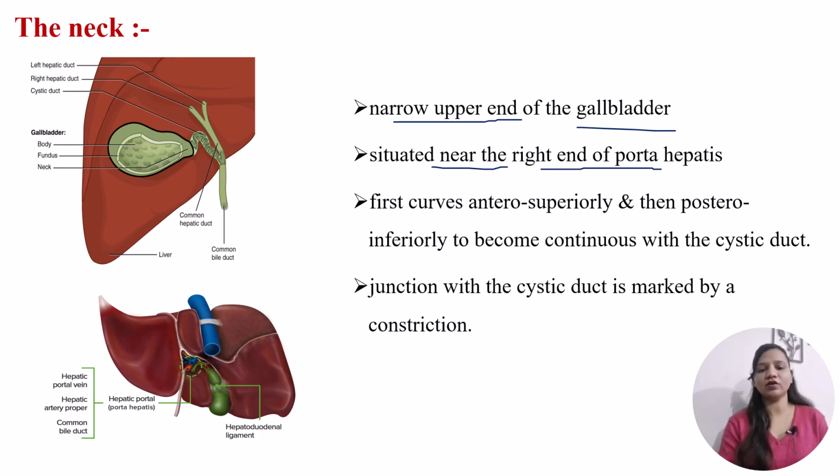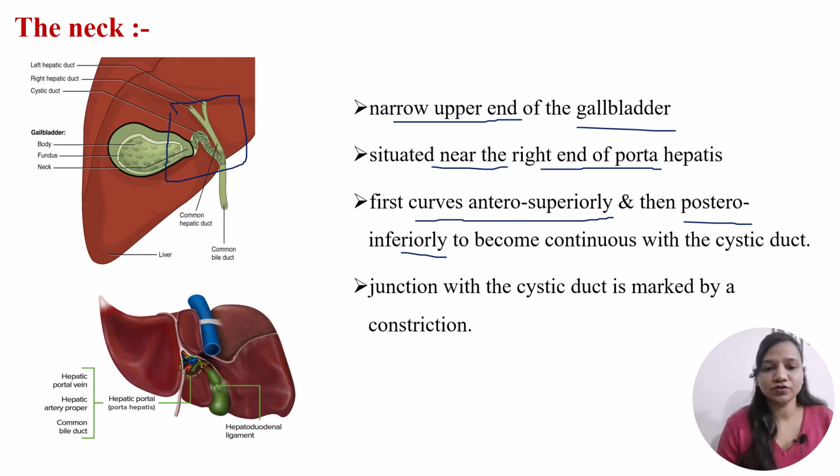Okay, so the neck of the gallbladder has two curves. First it curves antero-posteriorly and then it curves postero-inferiorly. Let's understand how, as you can appreciate here in this picture. So the neck is curving first from anterior to posterior.